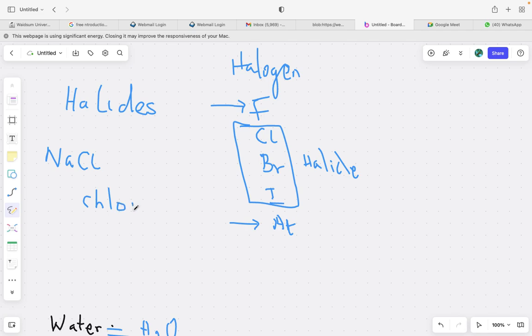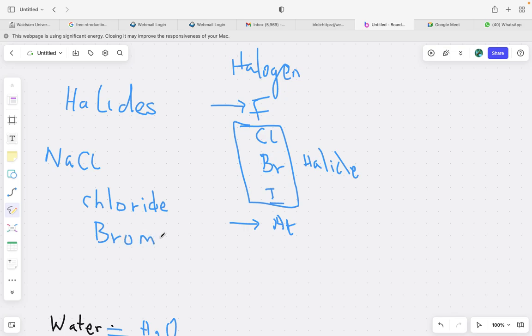It ends with IDE. Yes, any of the halides. If it's bromine, you say bromide: sodium bromide, or potassium bromide. So you must end it with IDE.